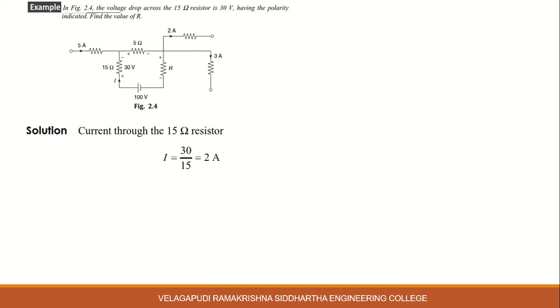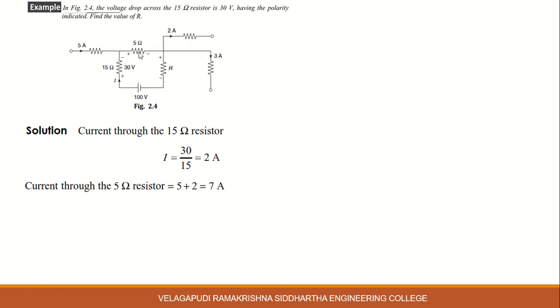Coming to the solution, the current through the 15 ohm resistor is I equal to voltage by resistance, that is 30 volts by 15 ohms. So 30 by 15 equals 2 amperes. Next, the current through the 5 ohm resistor.